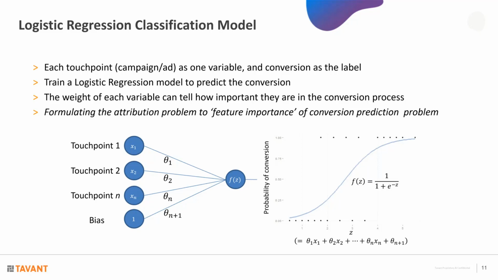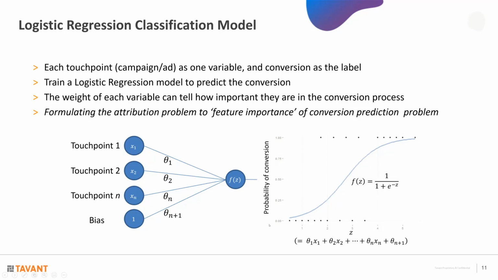And then the weights that you get for each of the touch points give you the attribution of each of those touch points from the point of view of multi-touch attribution modeling. So basically this is converting the attribution problem to a feature importance problem in the machine learning domain.